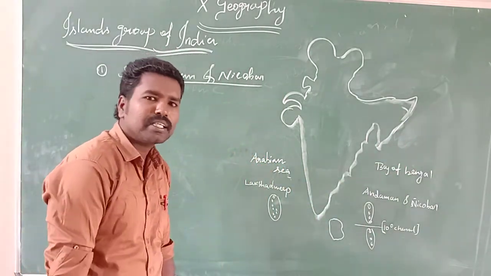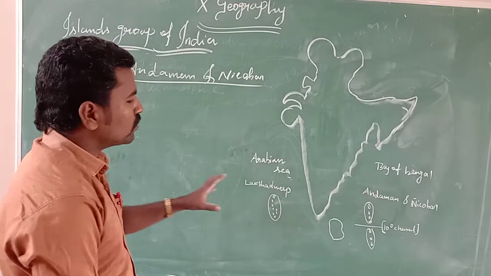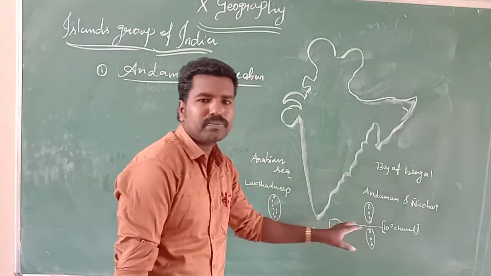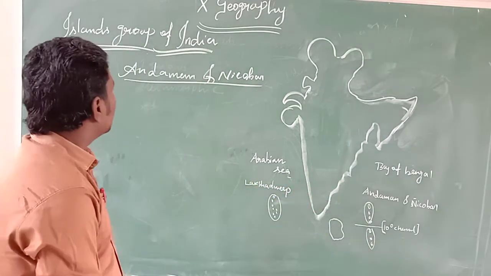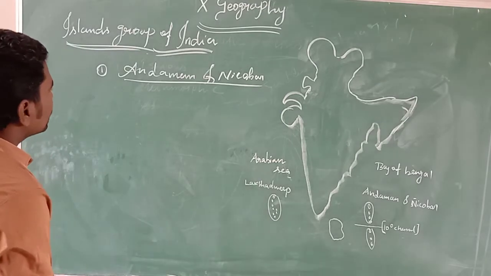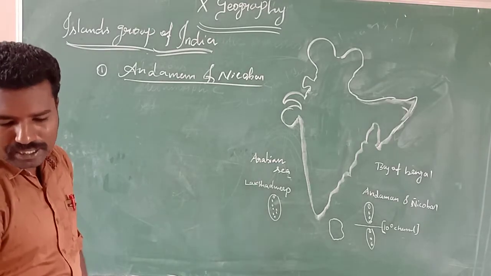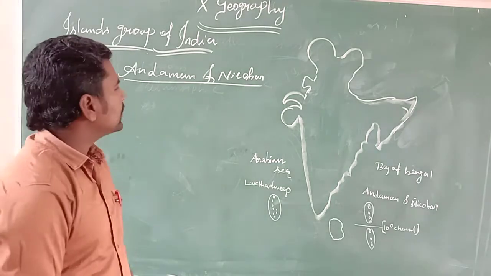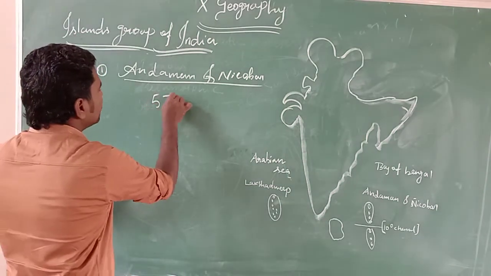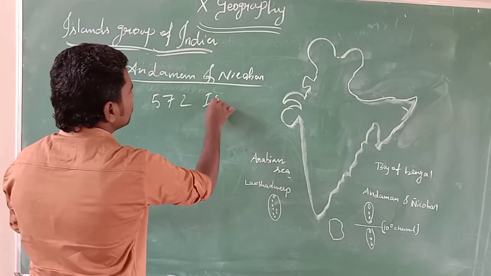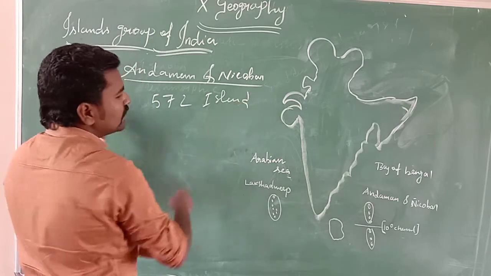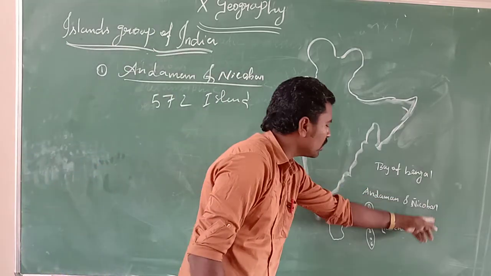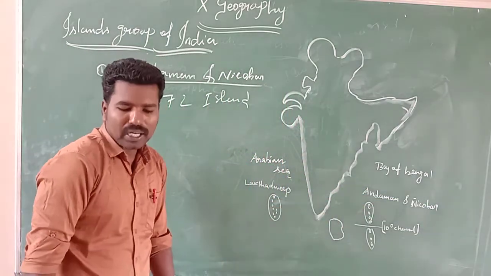As I told you, they are situated 1,500 kilometers away from Tamil Nadu, and these island groups consist of a total of 572 islands.